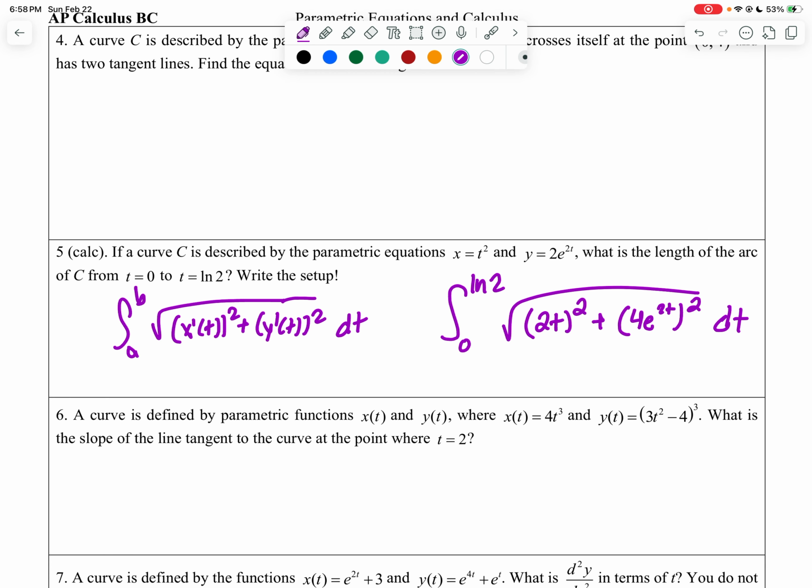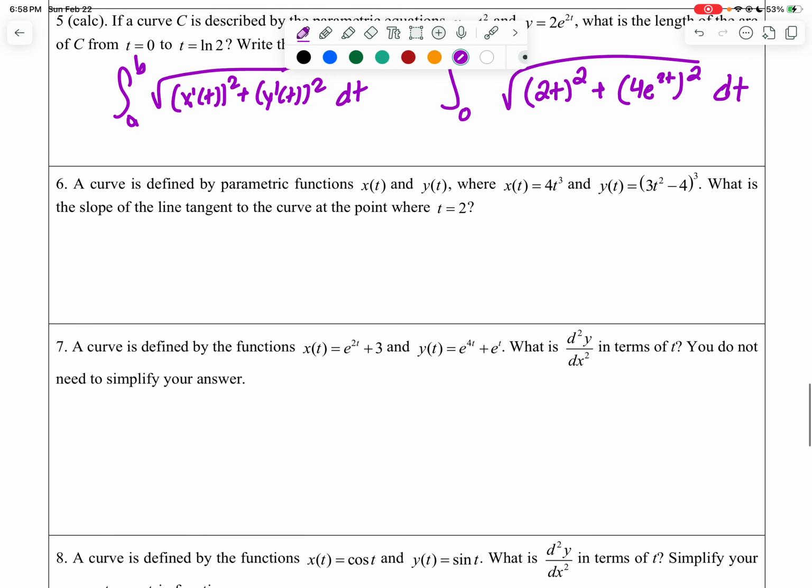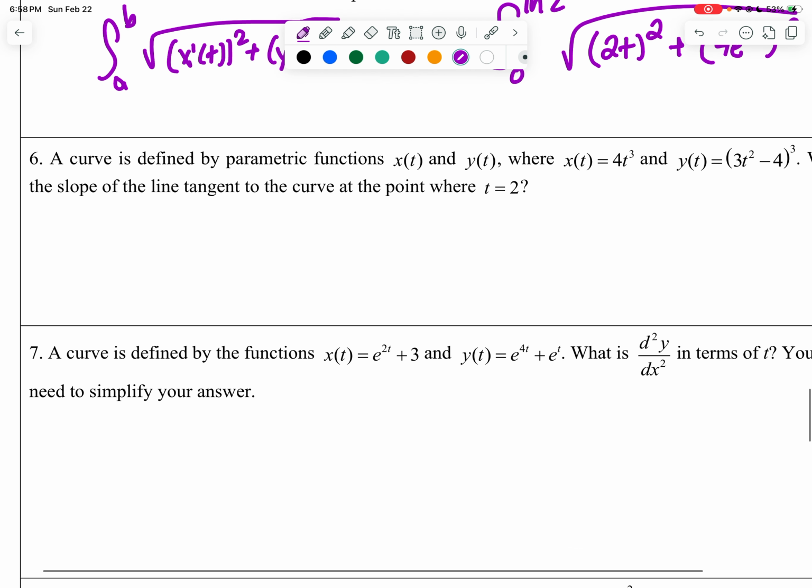Okay. Number 6, what's the slope of the tangent line where t is equal to 2? Once again, that's just going to be figuring out what dy/dt is. This one's a little bit harder.